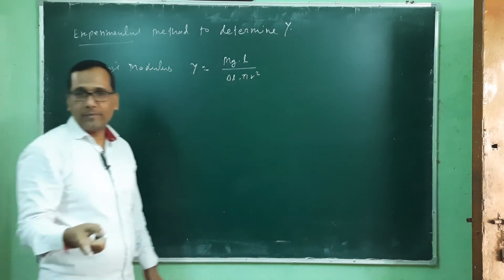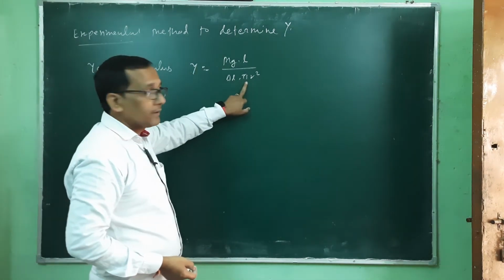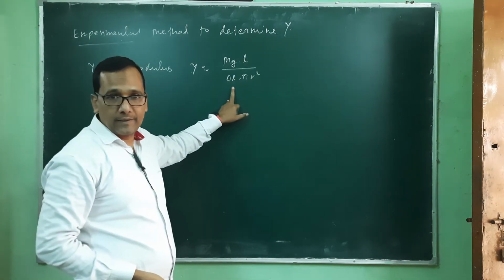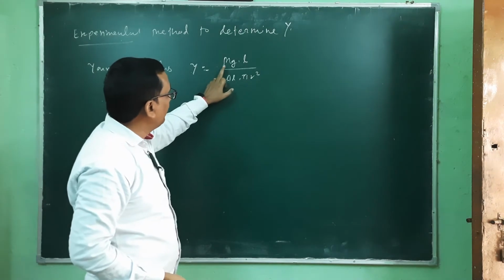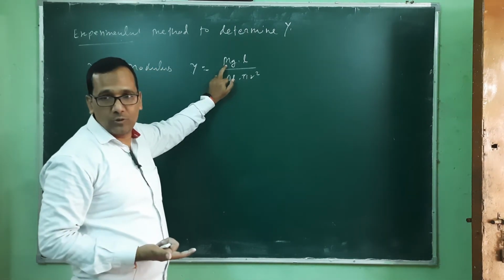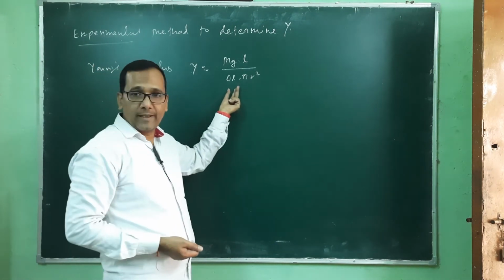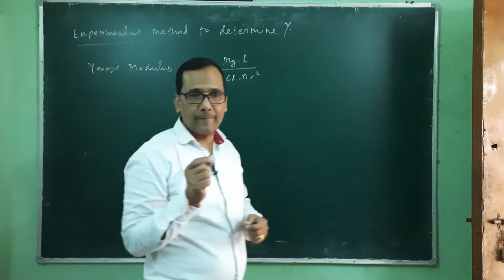This is the formula we derived just now. This is the force per unit area, where the area is pi r square, this is the original length and this is the change in length. So if you want to calculate Y, we must have the value of the mass, g, which we know is a constant, the original length, the change in length, and the cross-section area of the wire, meaning the radius of the wire.